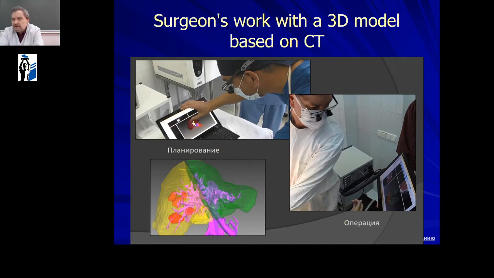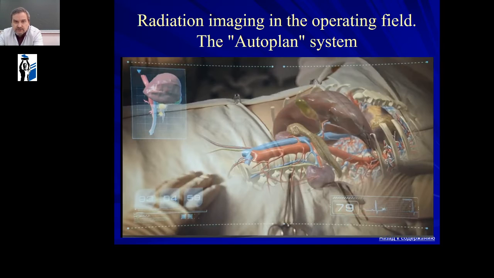In other words, the reality on the operating table is complemented with the help of visualization method of radiation diagnostics. This is a great potential for future scientific research.